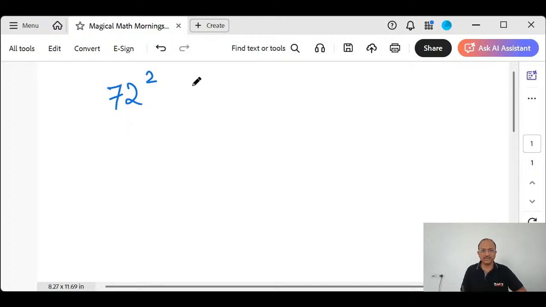The base is 70, sub base is 7. Deviation is plus 2. Very good. Wow. Some of you have done very fast, and I'm very happy for that.